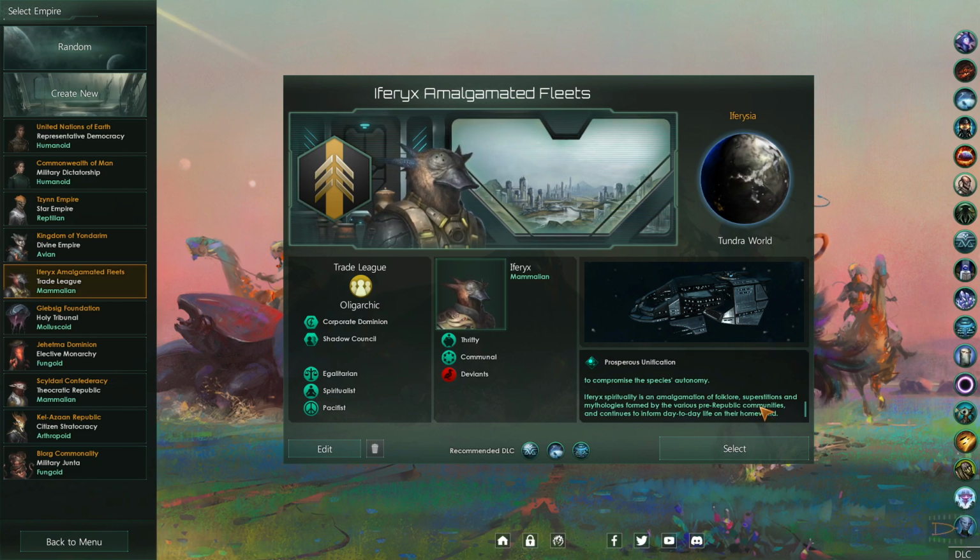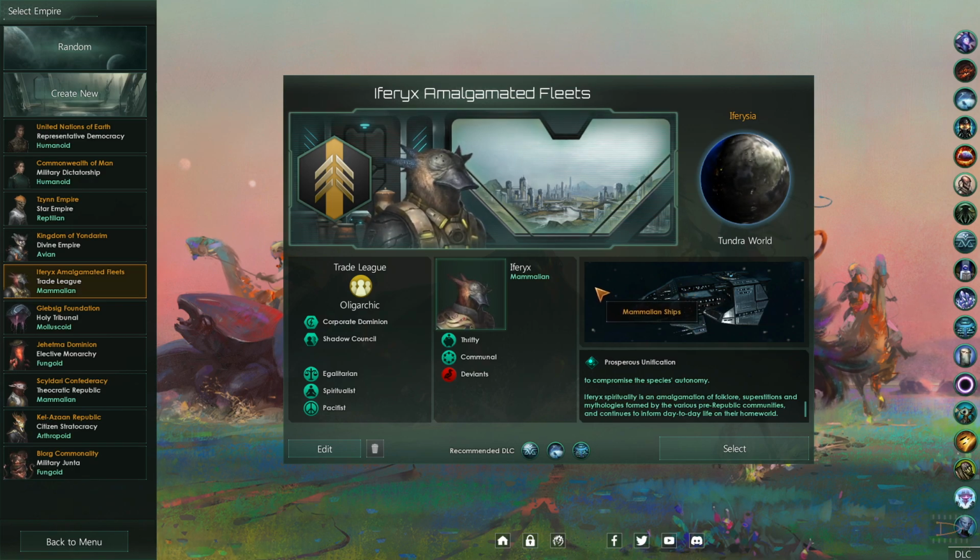Is an amalgamation of folklore, superstitions, and mythologies formed by the various pre-Republic communities. Wow, I'm pretty much done, I guess. And continues to inform day-to-day life on their homeworld. Cannot read a thing anymore.